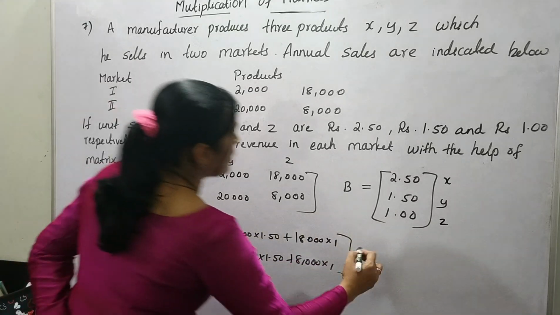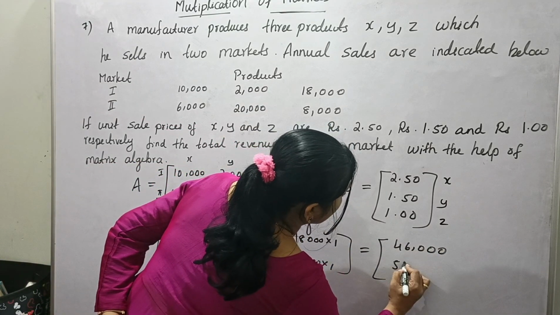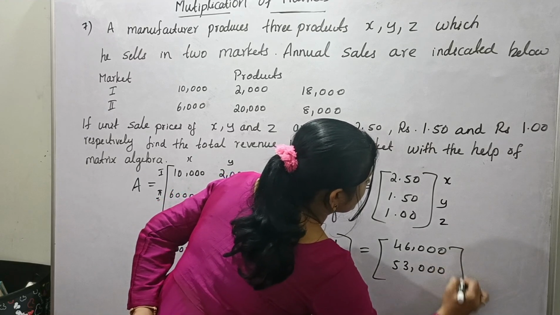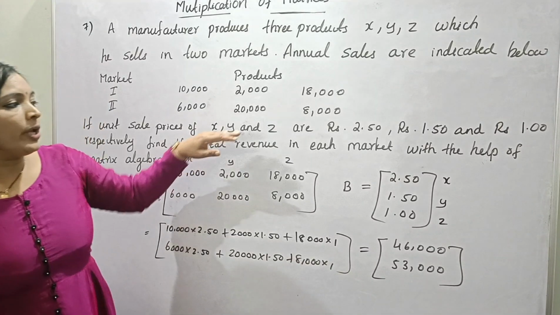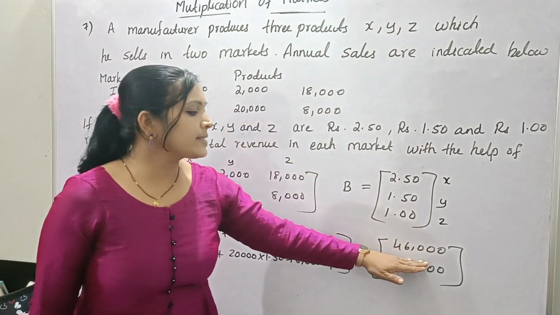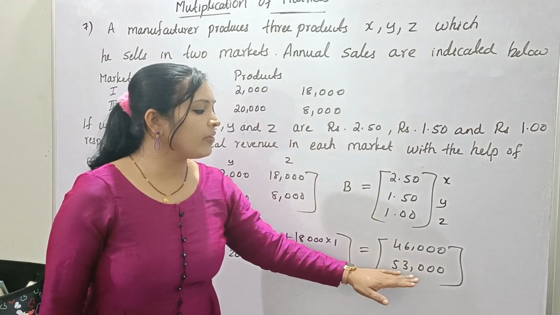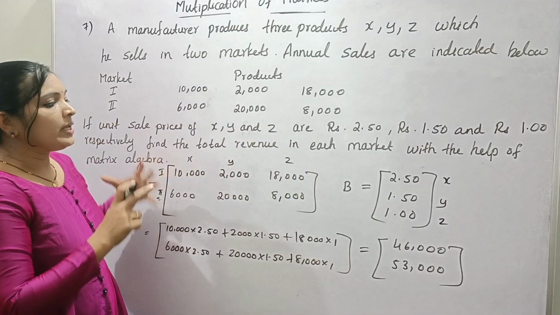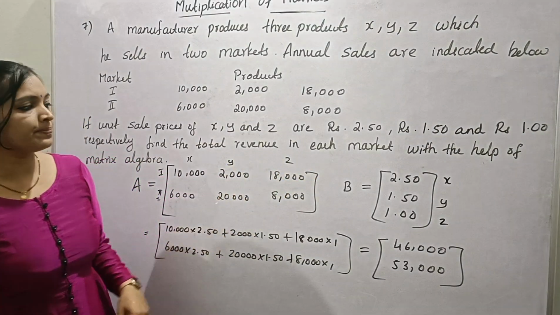So the total revenue in market 1 is 46,000 and the total revenue in market 2 is 53,000. Actually, here we did the multiplication of these two matrices.